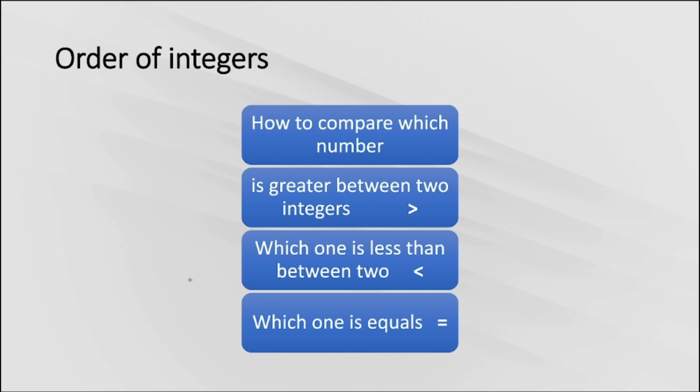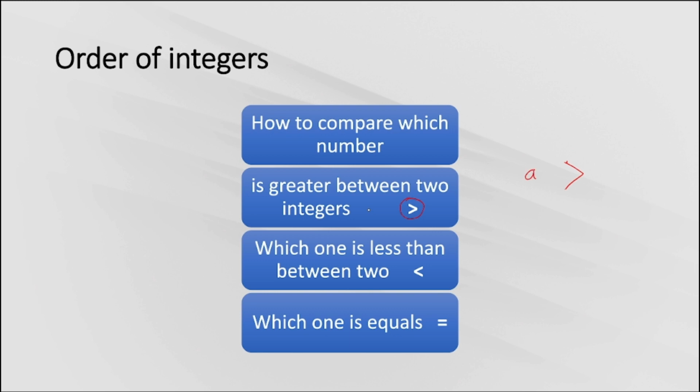Okay, now the order of the integers, that is, how to compare numbers. Which symbol do we generally use here? To compare two numbers, we use this symbol for greater.